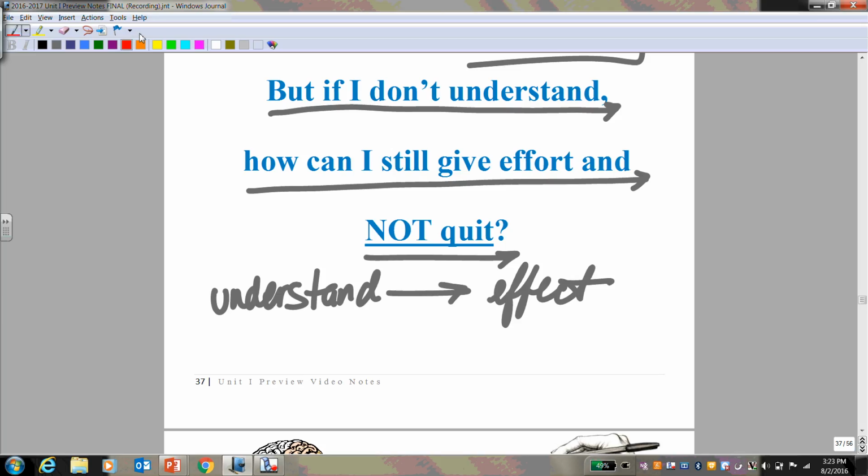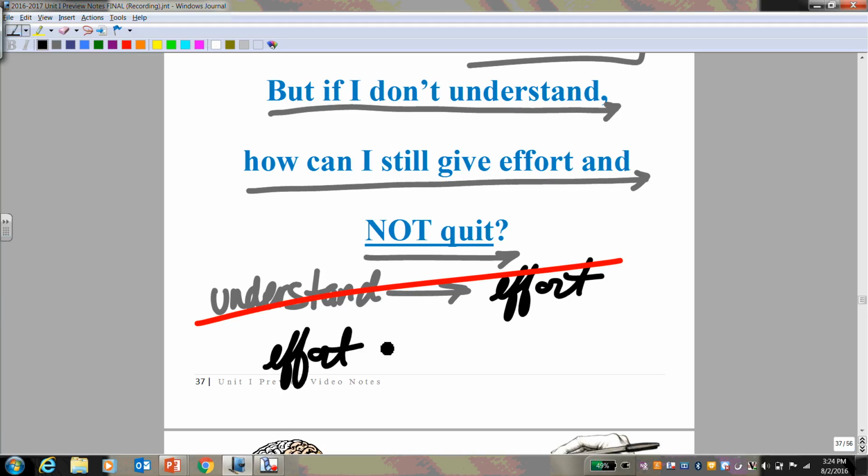You get that? You don't understand a problem first and then you give effort, not effect. Let me write that properly. Effort. Instead, you put effort in first and then you understand.